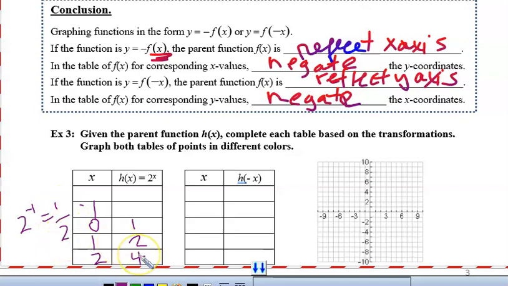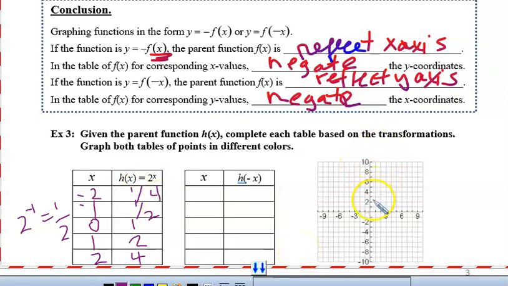And so now this y value that pairs with -1 is going to be +1/2. And then I'll do the same thing for -2. That's the same thing as 2 to the -2, which is the same thing as 1 over 2 squared, which is 1/4. And so now I have some points to graph.